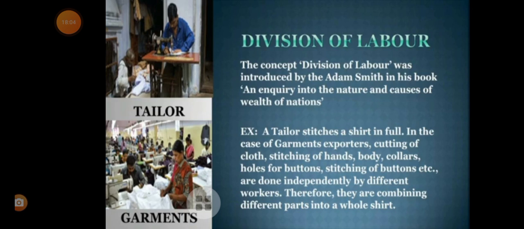One person will cut the cloth into specific size, another person will stitch only the hand, another person will stitch only the collar, another person will take care of the buttons, and another person will combine all the collars, hands, body, and finally they make the complete cloth. So this is called division of labor: dividing the work and giving it to other people.